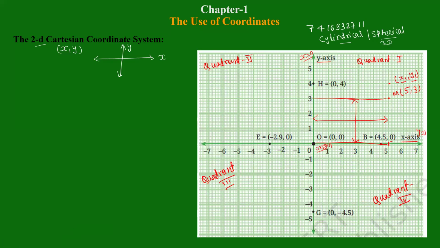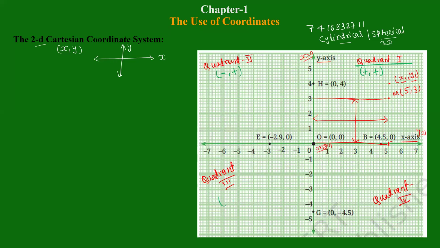Now you see that in quadrant 1, x is positive and y is also positive. Both are positive. Whereas in quadrant 2, x is negative, y is positive.